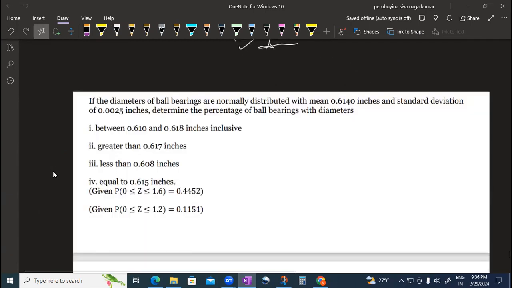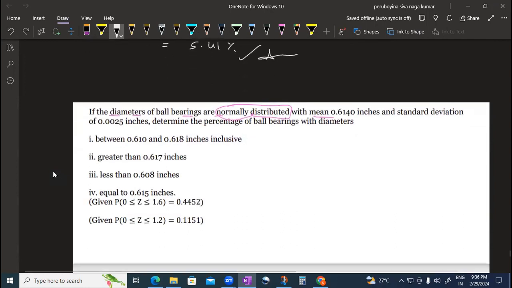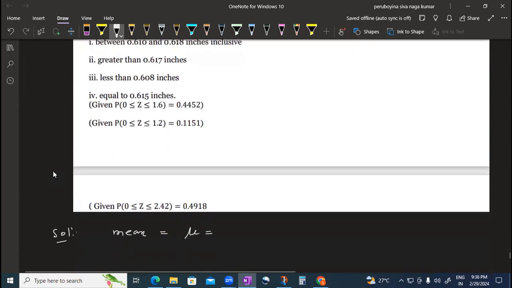So if the diameters of a ball bearing are normally distributed, so the normal curve only we have to use. Mean was given. Okay, we will copy the mean value. Mean mu is equal to 0.614.